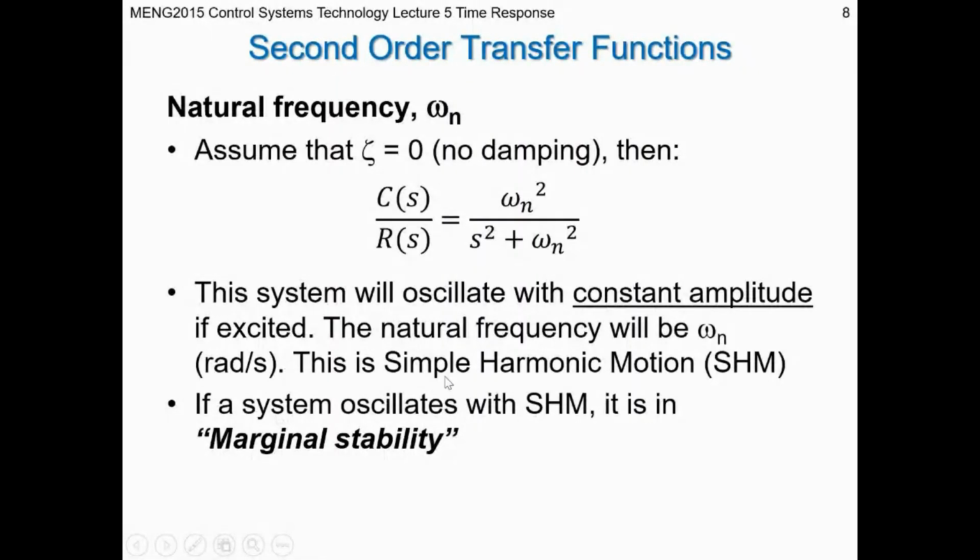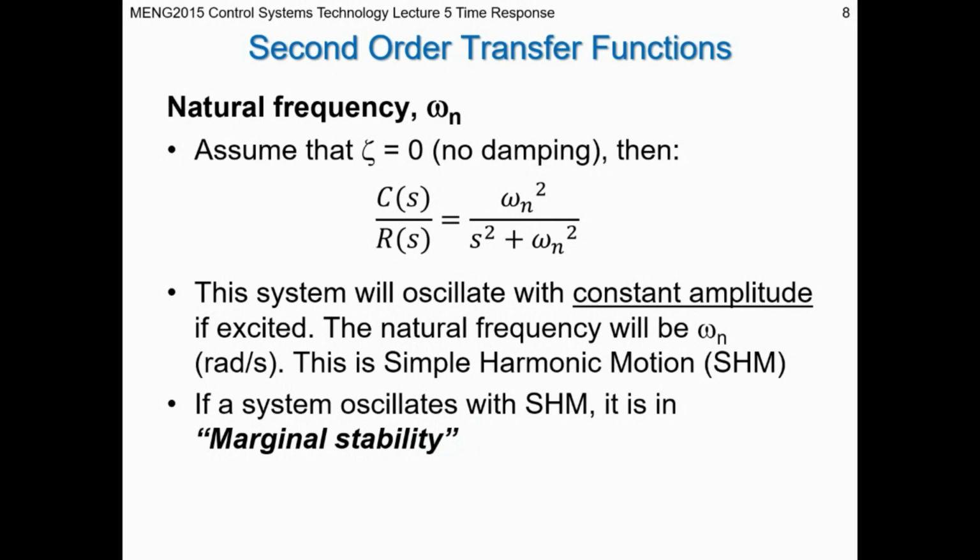If the system has no damping, 0, then it's vibrating in simple harmonic motion, and that simple harmonic motion is termed marginal stability. So it's right on the edge of being stable. If you put any more energy into the system, it would become unstable.